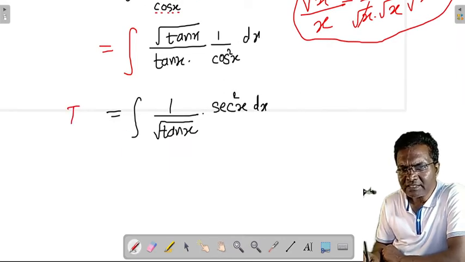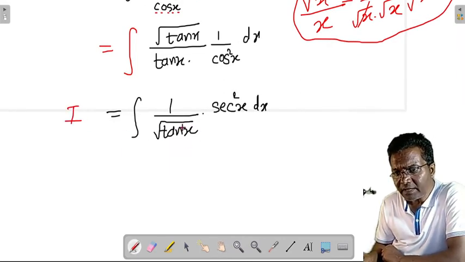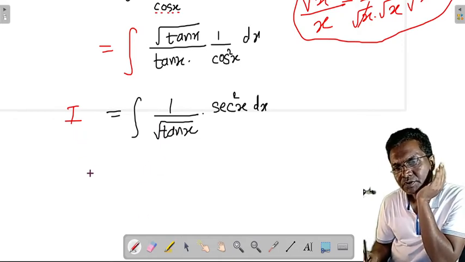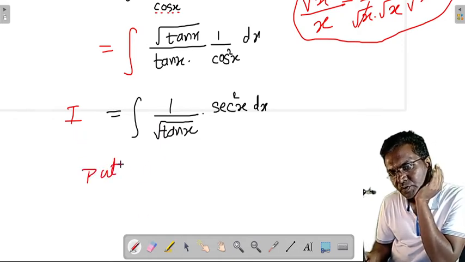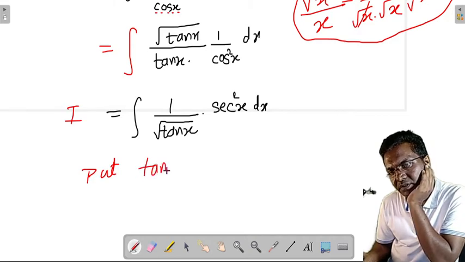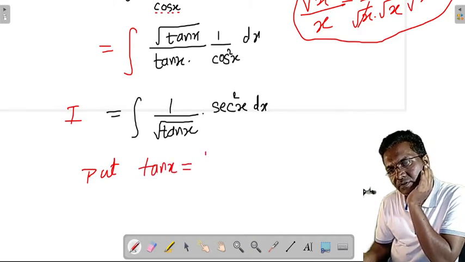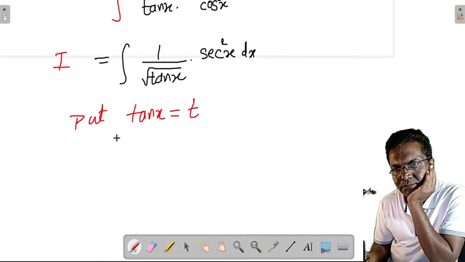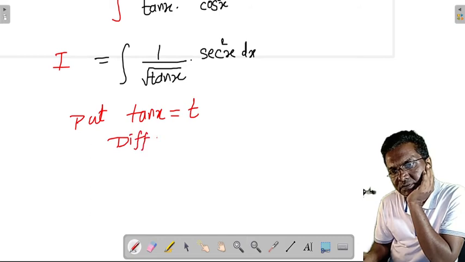Now clearly see that the derivative of tan x is here. So substitute, put tan x equals t, and differentiate with respect to x.